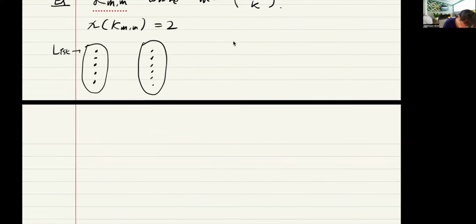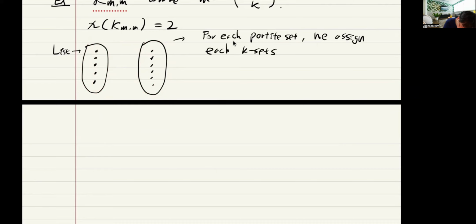So what's your list? For each partite set, or part, this set is called a partite set or part. For each partite set, we assign each vertex a K-set, a subset of size K in the bracket 2K minus 1.